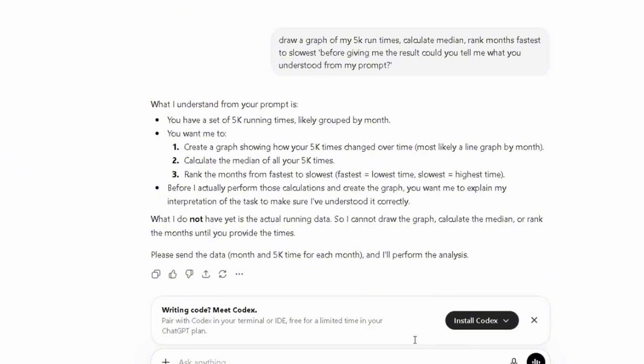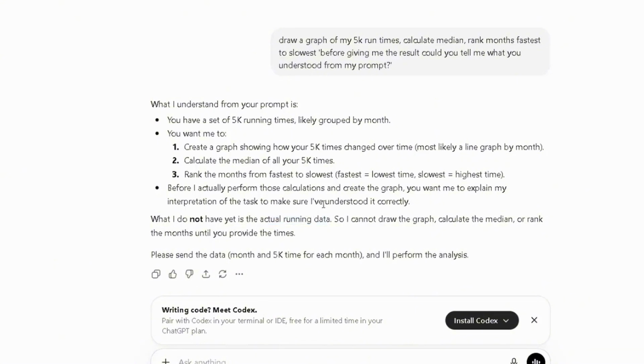So here you are in a very good position to change your prompt, because if something is missing, you can simply tell ChatGPT, no, I don't mean this, in fact I mean this. Okay. What I do not have yet is actual running data, so it is still asking for the data that I need to provide.